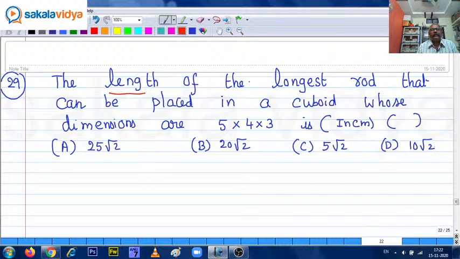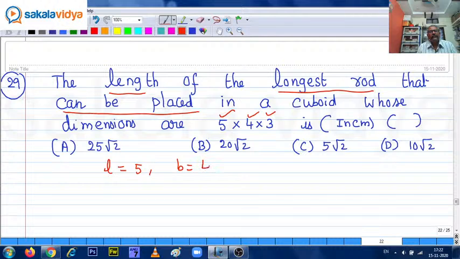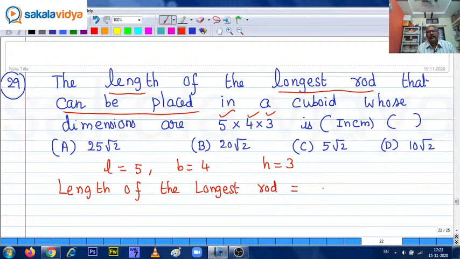So length of the longest rod that can be placed in a cuboid whose dimensions are L, B, H. L equals 5, B equals 4, H equals 3. Length of the longest rod is equal to length of the diagonal, that is square root of L square plus B square plus H square.